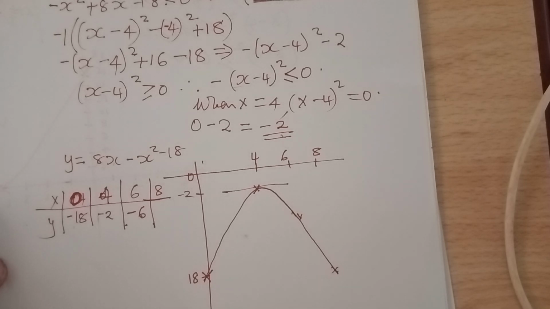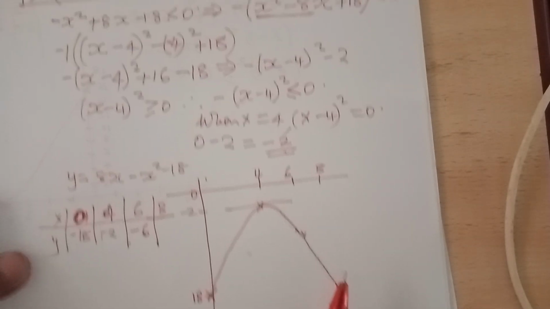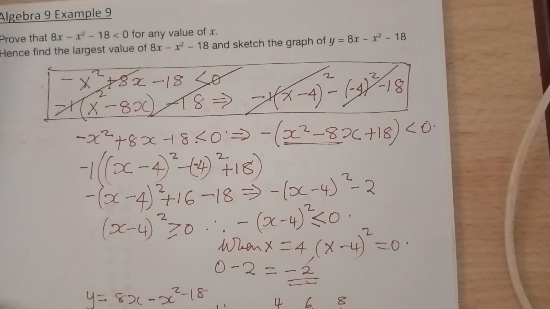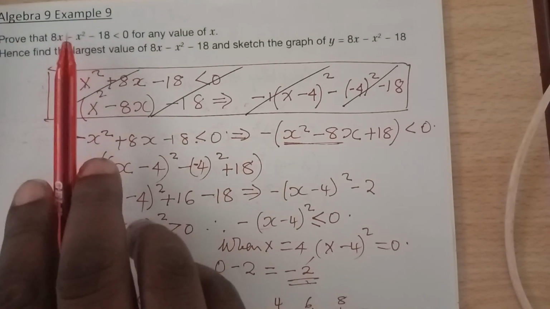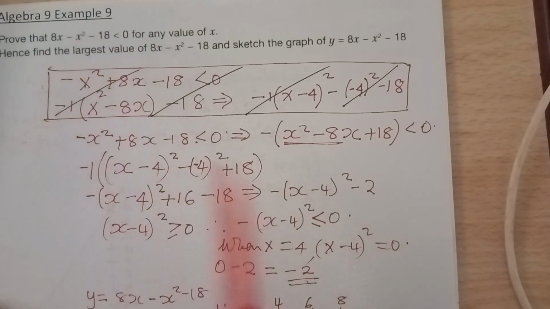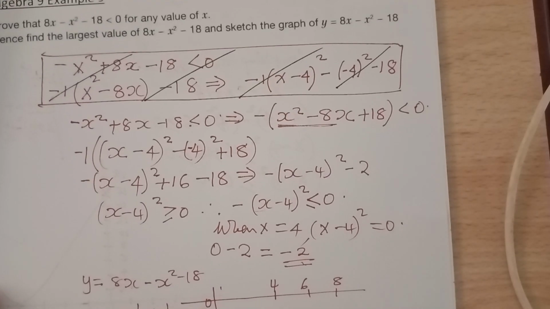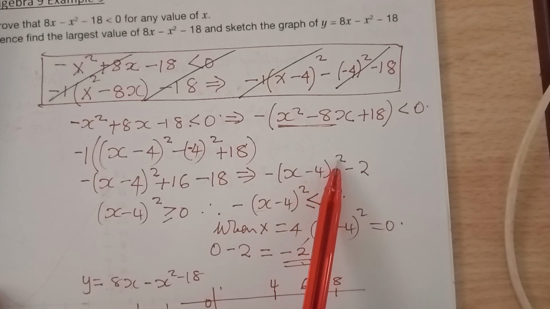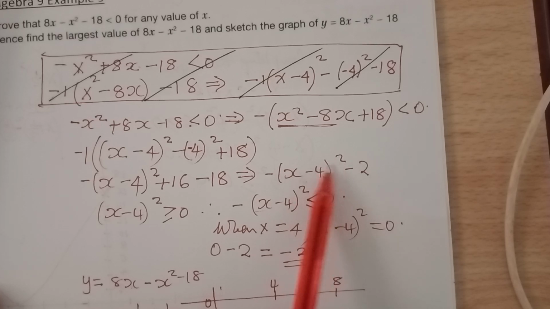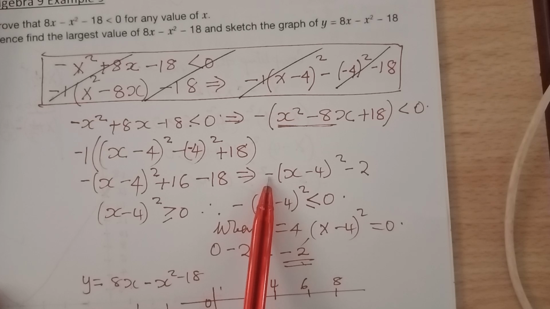So, yes, we have proven that 8x minus x squared minus 18 is always less than 0. We proved it by completing the square, after landing at this step, whereby anything squared is positive, and anything positive, when it is negated, is always negative.